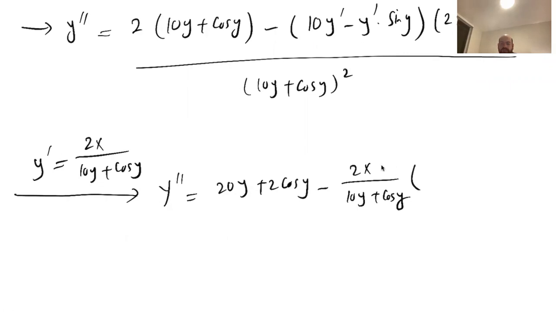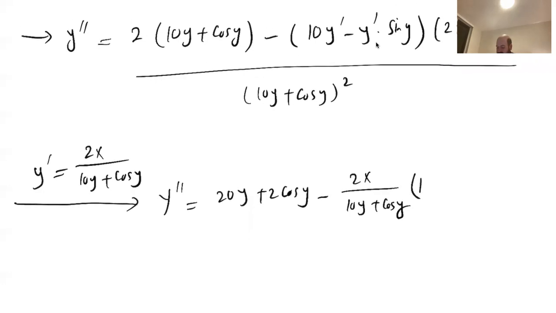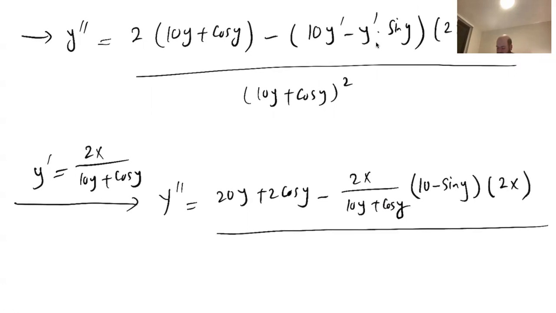This expression that I wrote here is the expression we have for y prime. Once y prime is taken out, these two terms have it as a common factor. What will be left inside? 10 minus sine y, and then times another 2x divided by 10y plus cos y the whole squared.